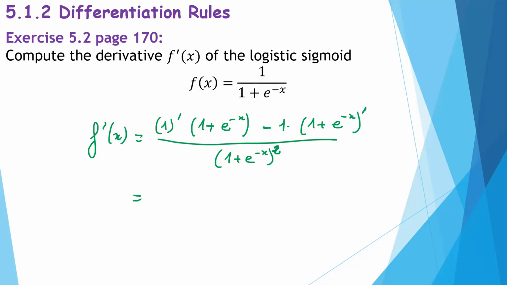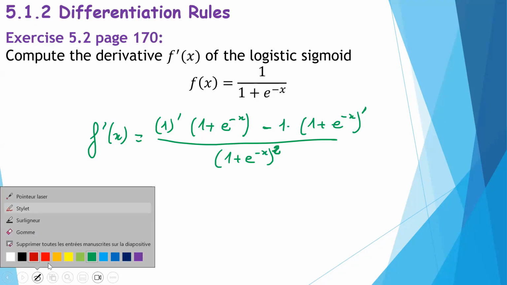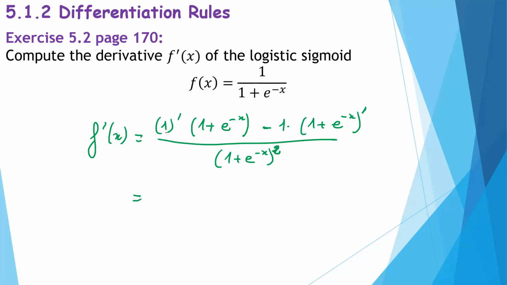What is the derivative of 1? Who can tell me? 0. It's 0, it's a constant. So all of this is 0. Minus 1 times, what is the derivative of 1 plus e to the minus x?